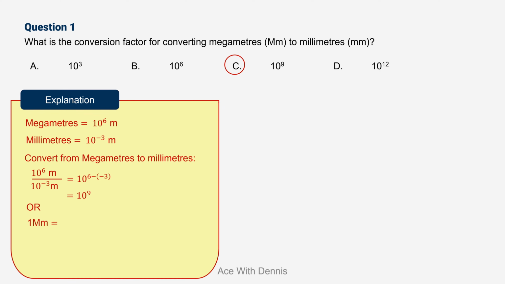Or, we know that 1 megameter is 1 times 10 to the power 6 meters, and 1 meter is 1 times 10 to the power 3 millimeters. So to convert from 1 megameter to millimeters, it will be 1 times 10 to the power 6 times 10 to the power 3, which gives us 1 times 10 to the power 9 millimeters. Hence, the conversion factor will be 10 to the power 9.